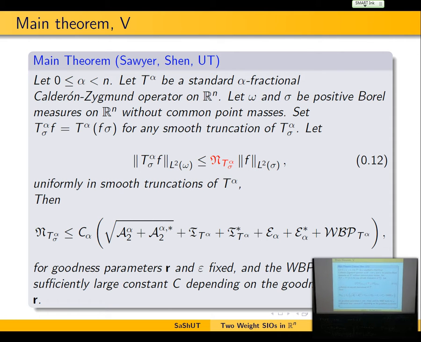Provided you have the A2, which we know are necessary, with tails, the two testing conditions, which are necessary, weak boundedness, which is necessary but is going to disappear in a moment, and two other conditions that are so-called energy conditions, and we don't know if they are necessary or not. I'm going to explain these two conditions in a moment. They are a little bit technical, a certain flavor of them.